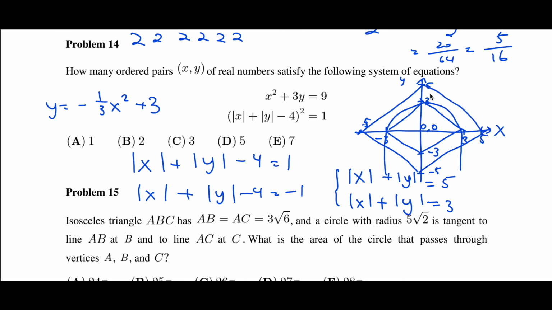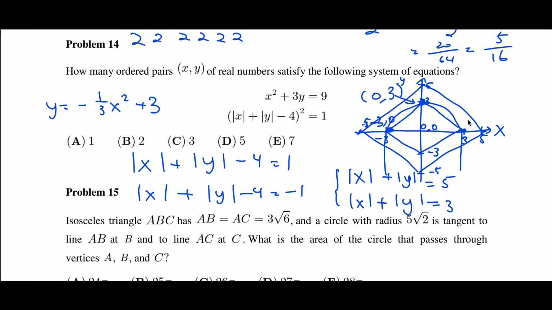You can see the two graphs intersect in 5 coordinates. This one is 3, 0. This one here is negative 3, 0.